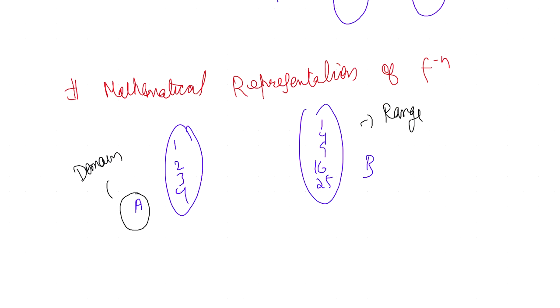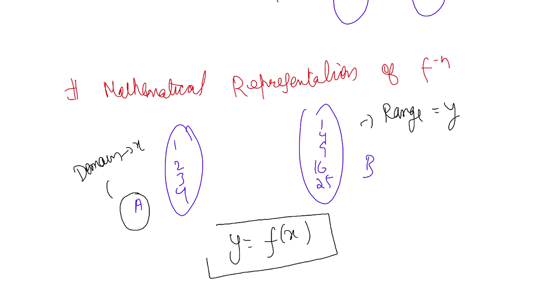We represent the range by y and the domain by x. y represents an element of the range, x represents an element of the domain, and the above relation we can write as y equals f of x. This is the most standard way of writing a function.